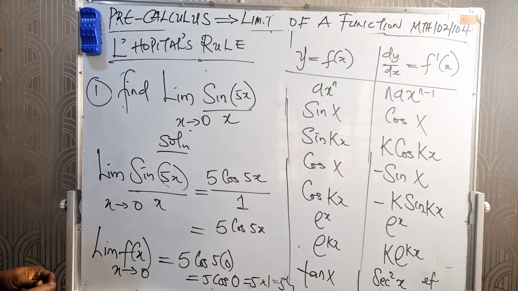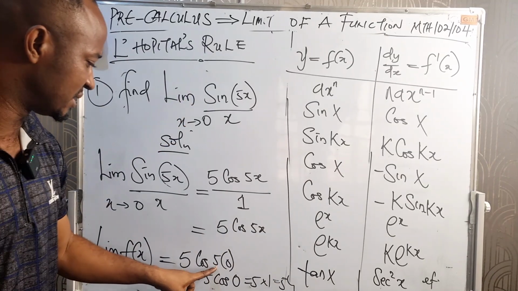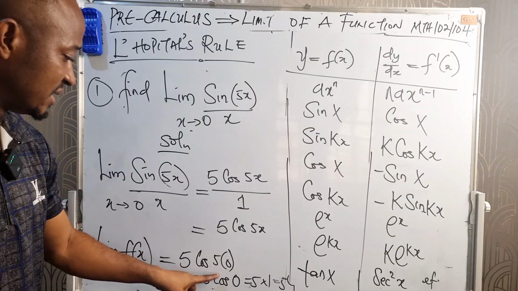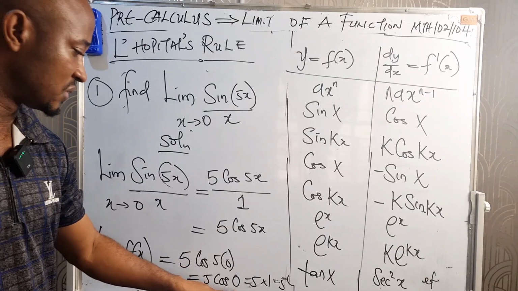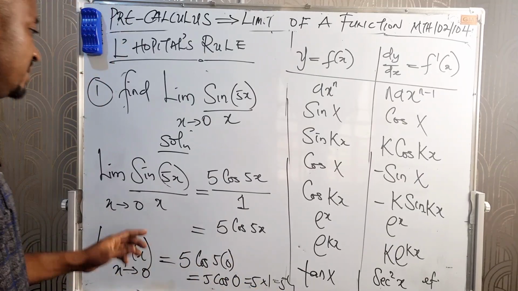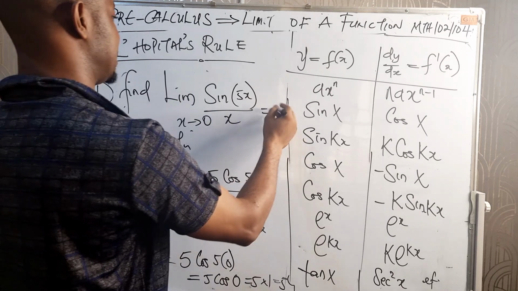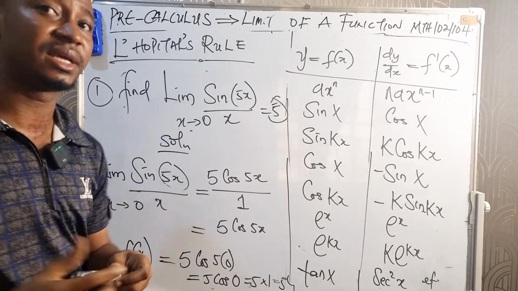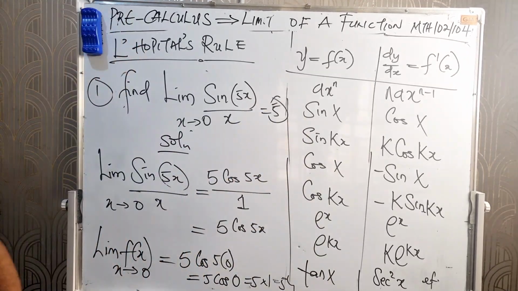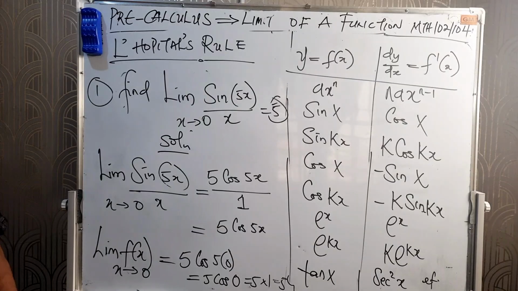The answer is 5, because cos 0 is 1, so 5 times 1 is 5. So the limit of this function is simply 5. This is how the L'Hopital's rule operates.